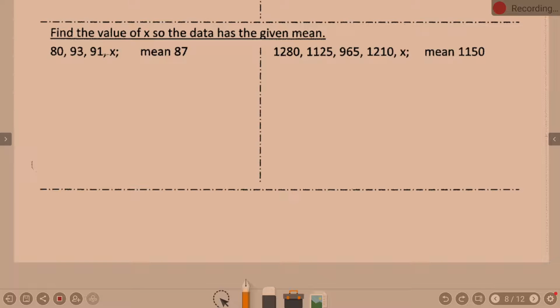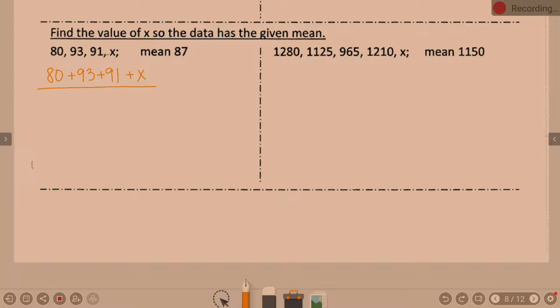Okay? So, how do I find x? Okay, so how do we find mean? Add them all together and divide by the number. Okay, so I'm going to write it out, add them all together, and so the numbers I'm adding together are 80, 93, 91, and x.